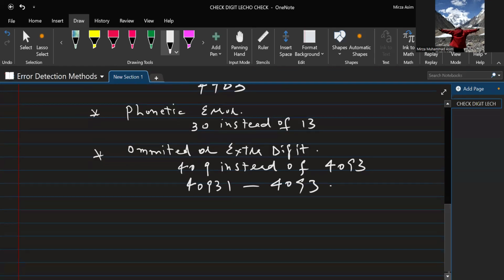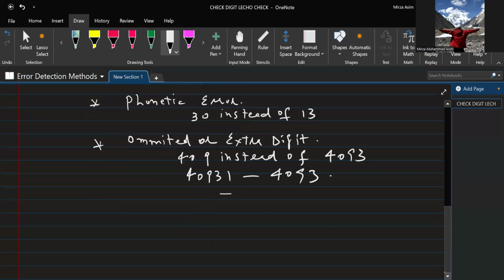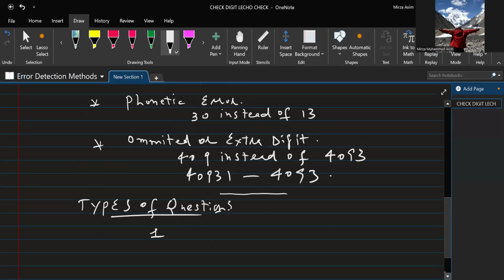Normally, in your paper, there come two types of questions related to check digits. Number one, you have to calculate the check digit.